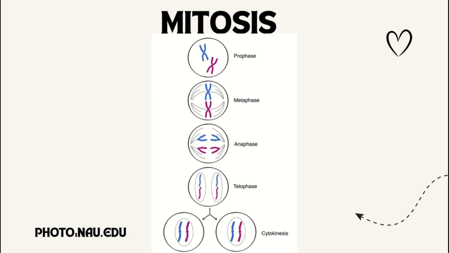But even before we talk about these stages, we have to talk about what happens before. We're not going into too much detail, we're just going to brush over it. Interphase is that preparatory stage the cell is in before it starts to divide. The cell spends way longer in interphase than it actually spends in the mitosis process.